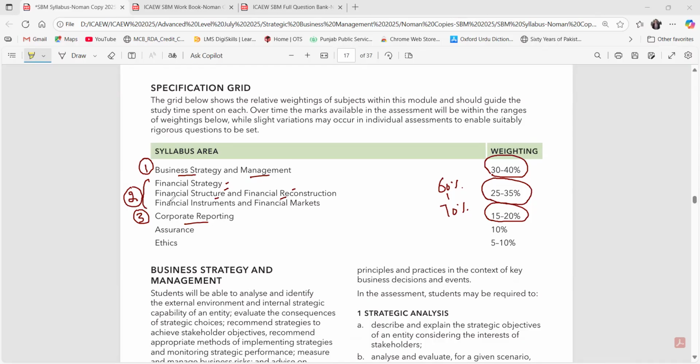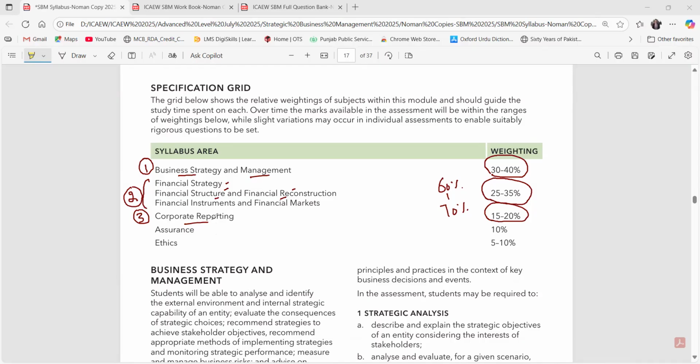In the first type, those students have passed their corporate reporting exam, or have studied it, or are studying SBM along with corporate reporting. That kind is fine. It means you already have knowledge about the reporting side that includes IAS, IFRS, and so on.